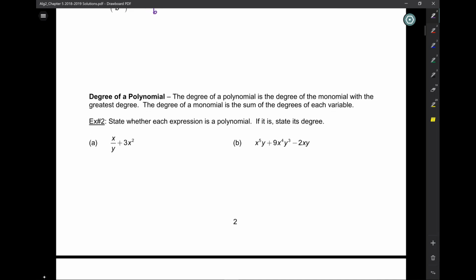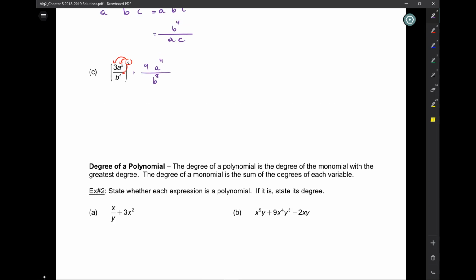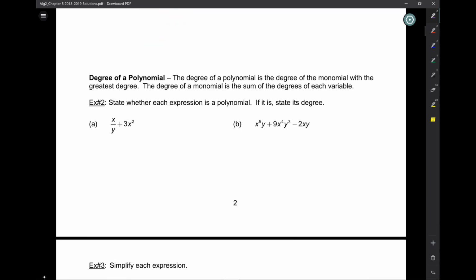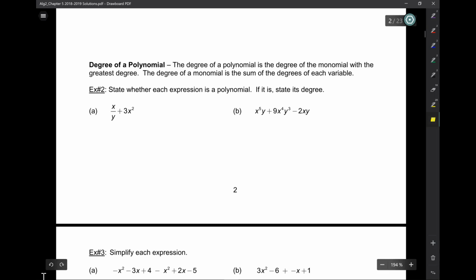Okay, the degree of a polynomial. No, you can only simplify coefficients, not exponents. Okay, so the degree of a polynomial is the exponent, so not degree, but the exponent, that's a better word, of the monomial with the greatest degree.